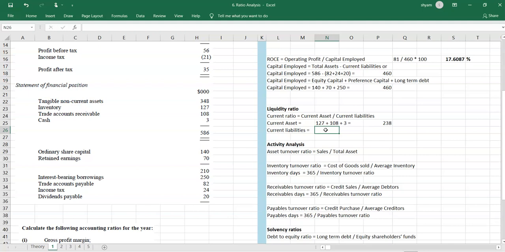And current liabilities, I think we have already found out, so we'll take the number from there. So we got the current assets and current liabilities. We'll work out the formula: 238 divided by 126.